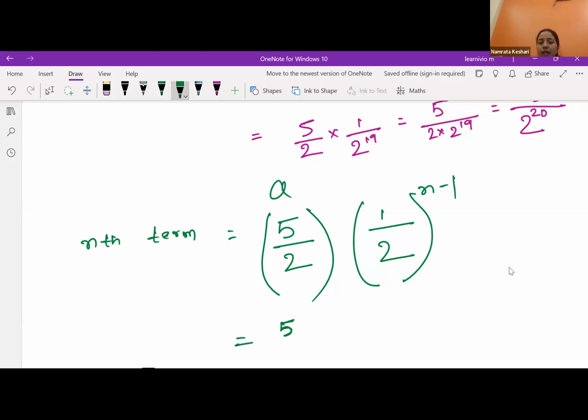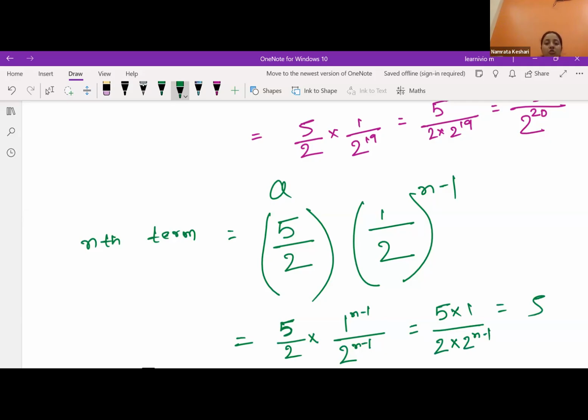Okay, so here also we will distribute the power on 1 by 2. 1 will take the power n minus 1 and 2 will also take the power n minus 1. Please don't get confused with this n. 1 to the power anything is just 1. So it will be just 5 into 1, that means just 5 in the numerator. And in the denominator, again the same thing: 2 into 2 to the power n minus 1. You know, when we are having multiplication, then we need to add the exponents.